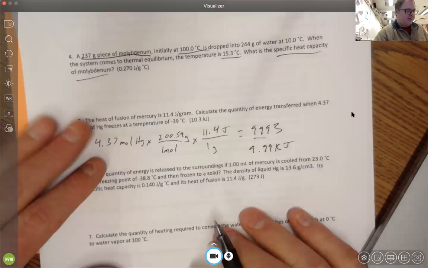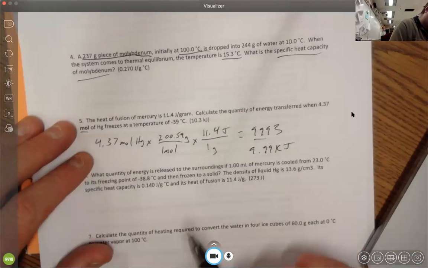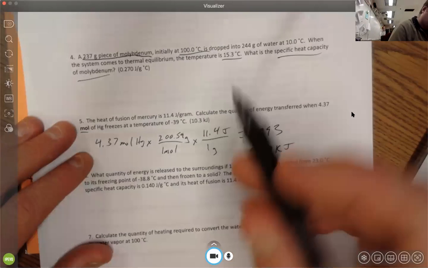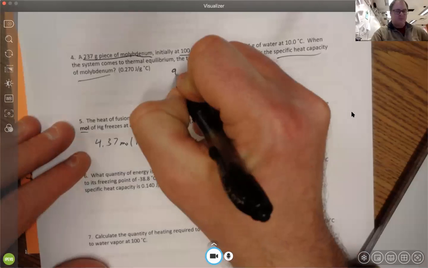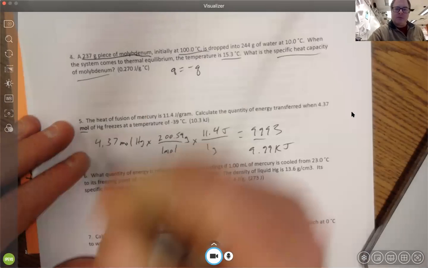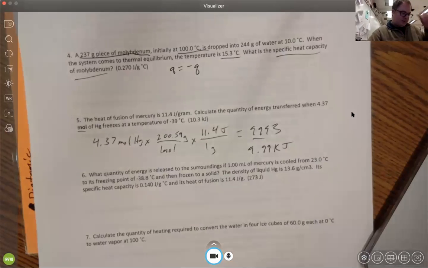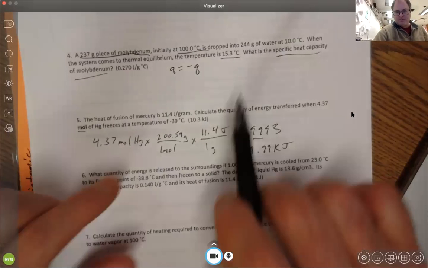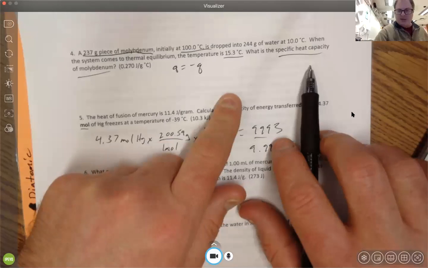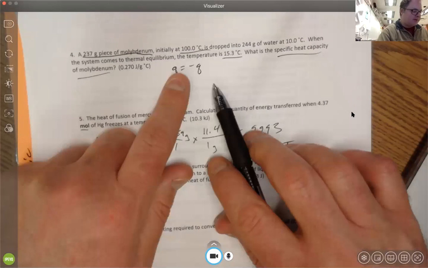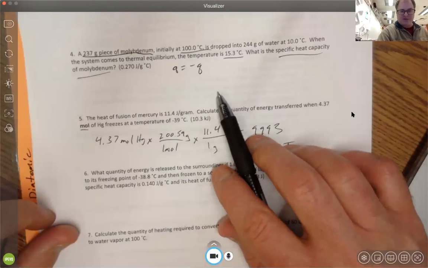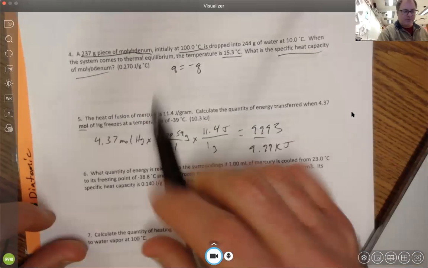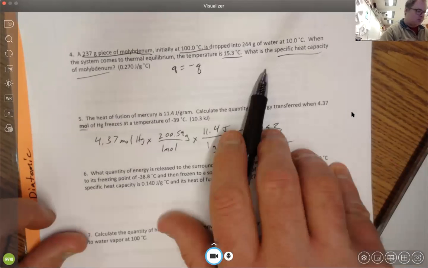So if we take a look, we know that Q equals negative Q. Now with this one, it's kind of cool because we can actually solve one whole side of this for Q and then set it equal to the other side of the equation, versus having the big one like we did yesterday when we were searching for the final temperature.